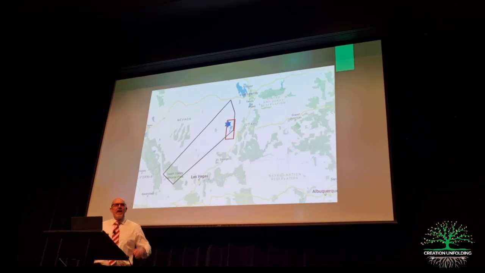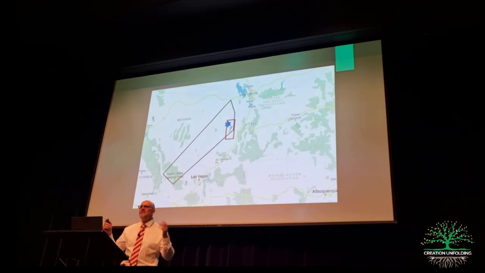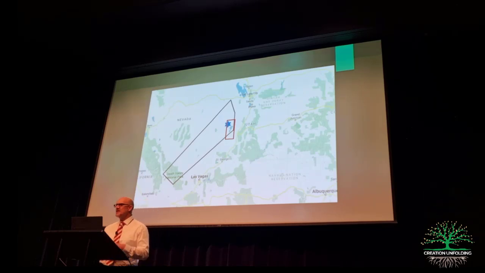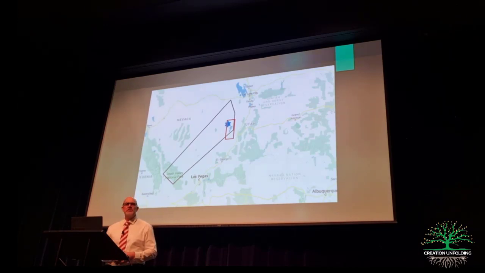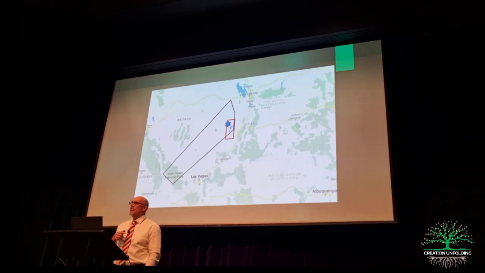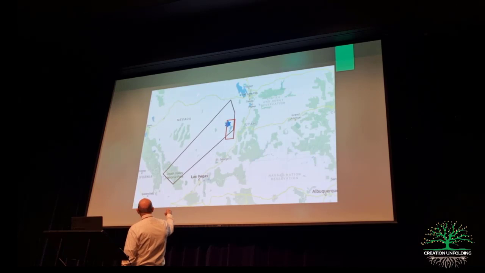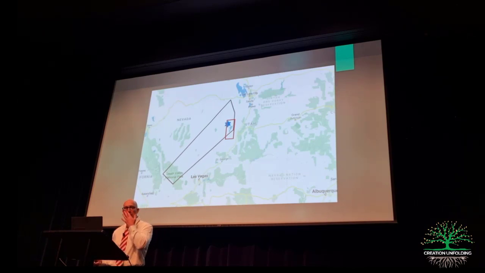So now you've got 1,000 square miles of tens of thousands of stromatolites in multiple beds that creationists have looked at. But it turns out that secular scientists have done a bunch of research on this as well, and the black box up there represents a correlated stromatolite assemblage that covers the entire area in that black box.